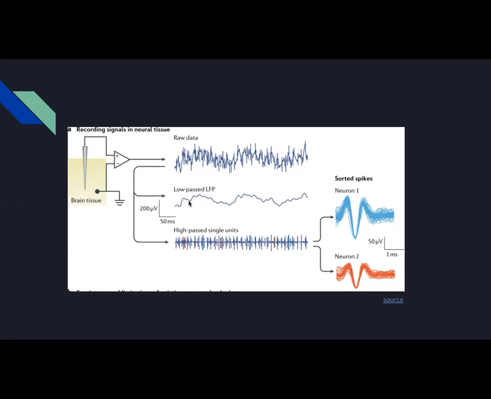So we try to pick out where in the data we have neural spikes, and sometimes the neural spikes will be overlapped with each other, and we have to kind of deconstruct and pick out specific units through clustering.